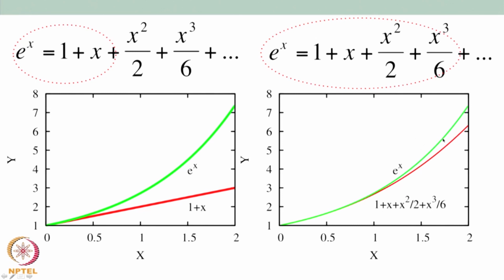If I take 6 terms, it will become further closer. And if I take many terms, e power x will be equal to the sum of these terms. So this tells us that as you add more and more terms, e power x is indeed the sum of these powers, and one can demonstrate this just by plotting a graph.